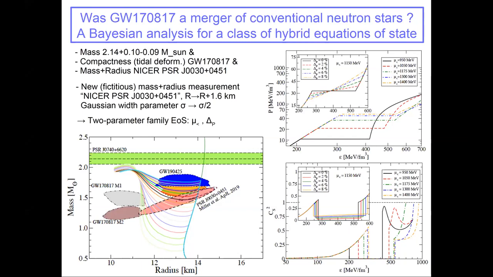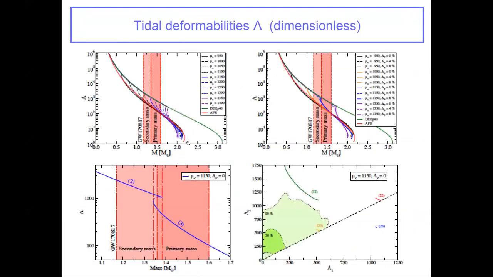Okay. Now, these tidal deformabilities can be shown here as a function of the mass of the star. We have an interesting situation in this mass range when we have overlapping branches of the tidal deformability, which can, for certain parameters of this equation, lie in the region where we have our binary merger, GW170817.